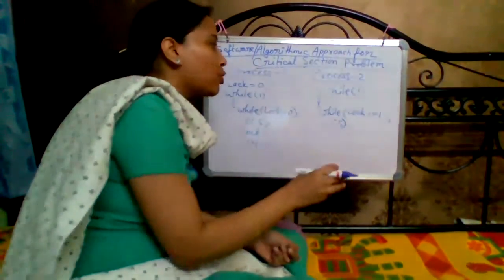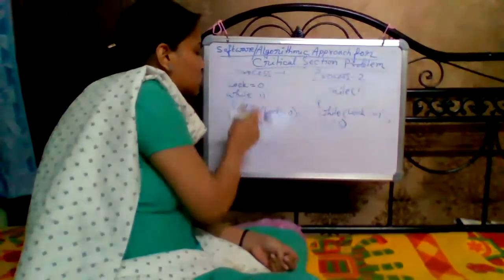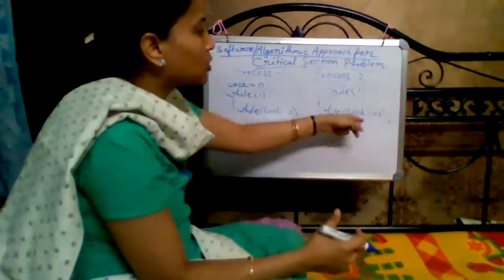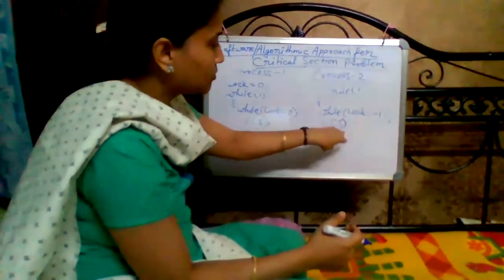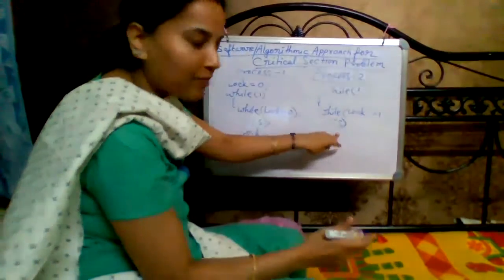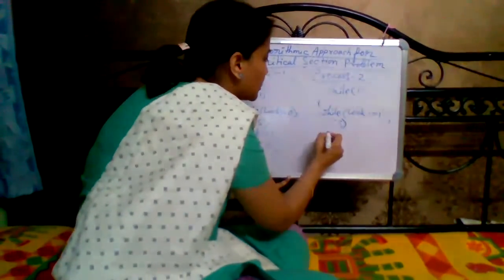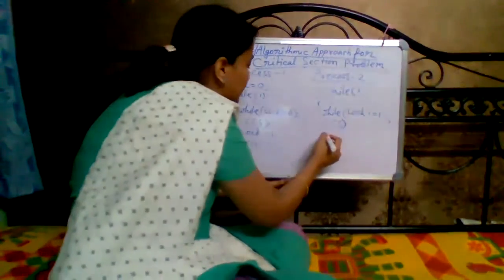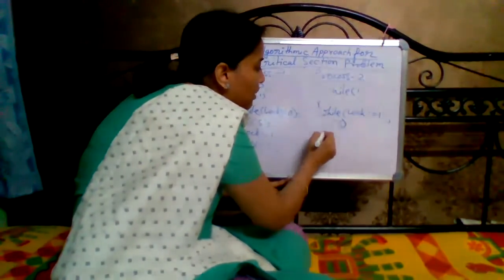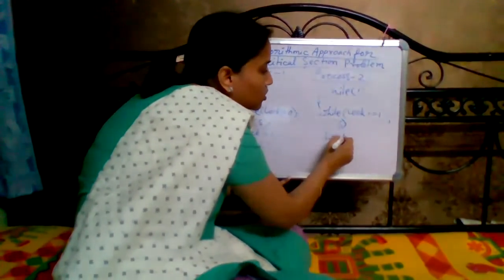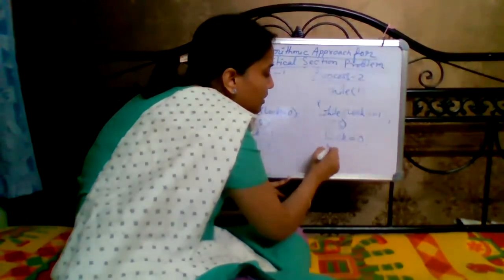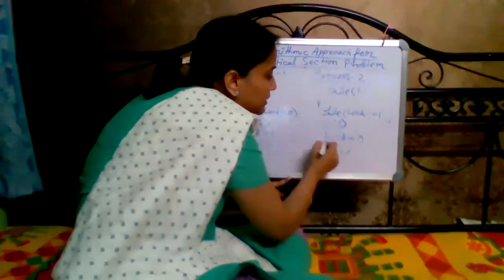At the moment when process 1 changes the value of lock to 1, process B can enter its critical section. Then when it exits from its critical section, it changes the value of lock to 0, then enters its non-critical section.